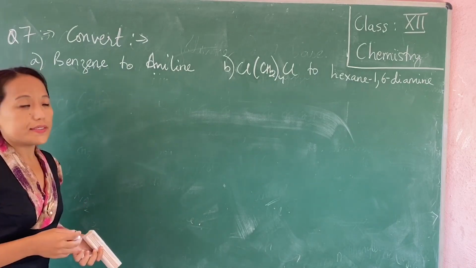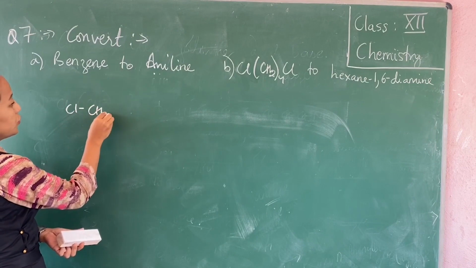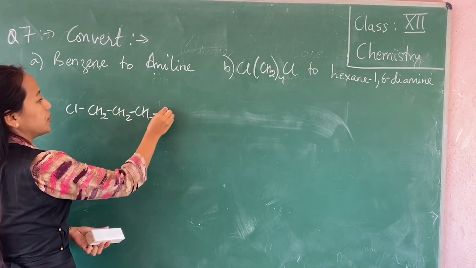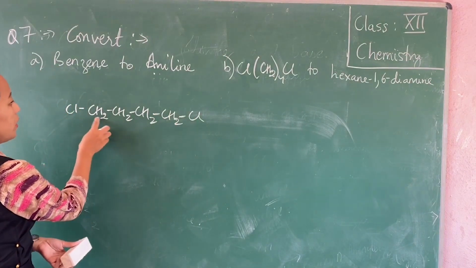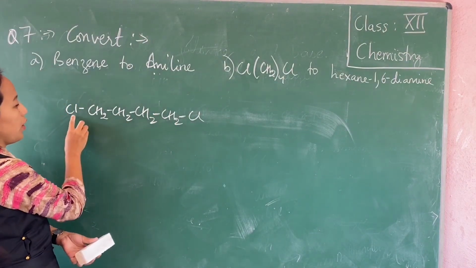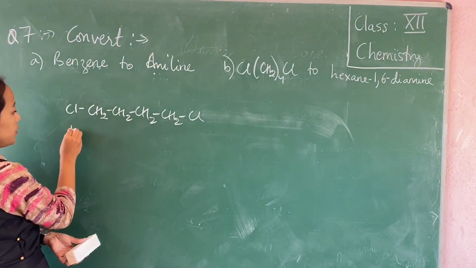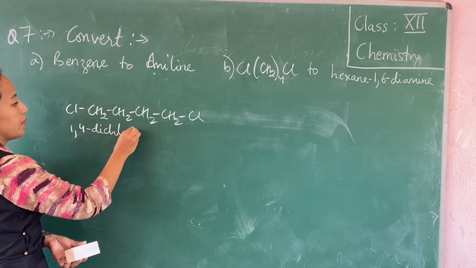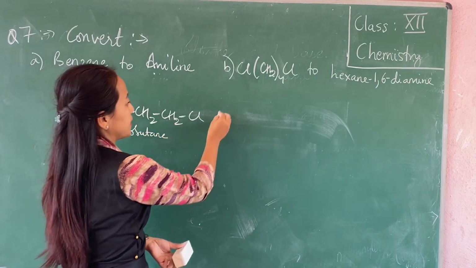The second one is convert Cl, CH2 4 times, that is CH2, CH2, CH2, CH2, and then Cl. That is 1, 2, 3, 4. You have chlorine on the first and you have chlorine on the fourth carbon atom. So this is 1,4-dichlorobutane. And you have to convert this to hexane 1,6-diamine.